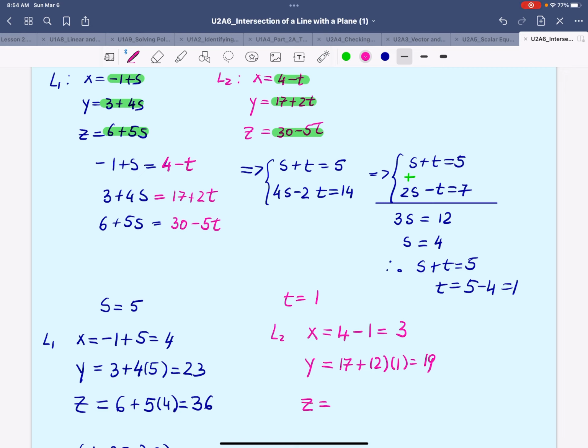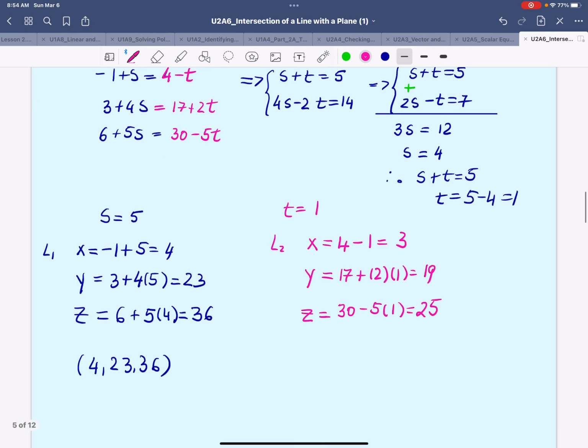And for the z coordinate, we'll have 30 minus 5t, so times 1, so that's 25. So if there is an intersection point for line L2, it has to be at x equals 3, y equals 19, and z equals 25.